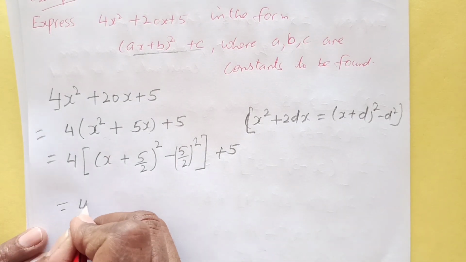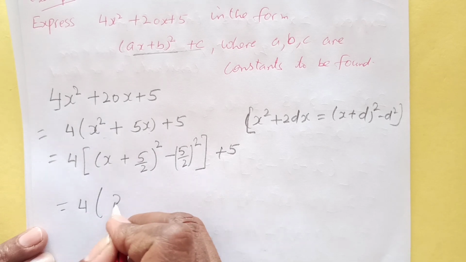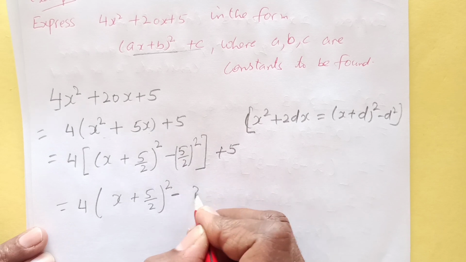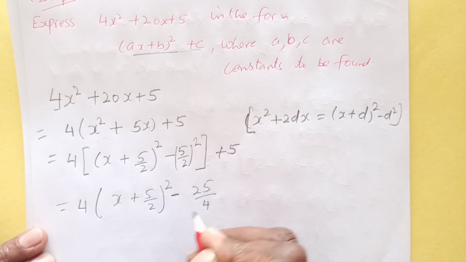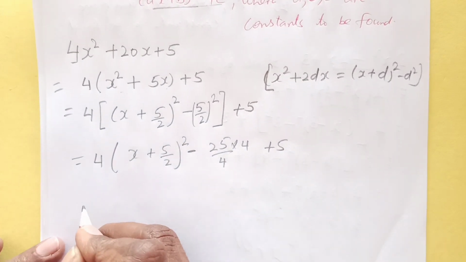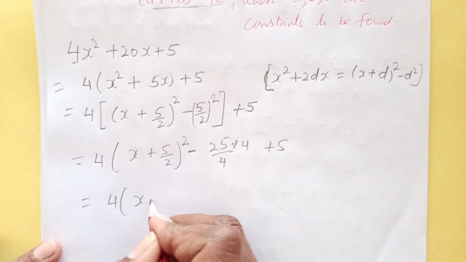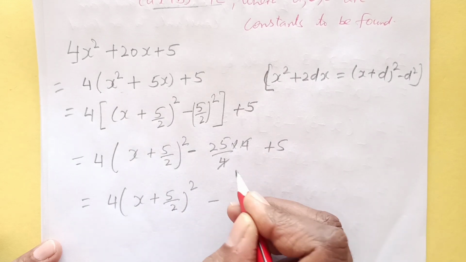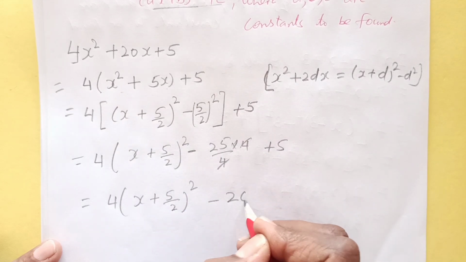Now this is going to be 4 into x plus 5 over 2 squared minus 25 over 4, times this 4 will come over here, plus 5. So 4 times x plus 5 over 2 squared, then minus 25 plus 5, it is minus 20.